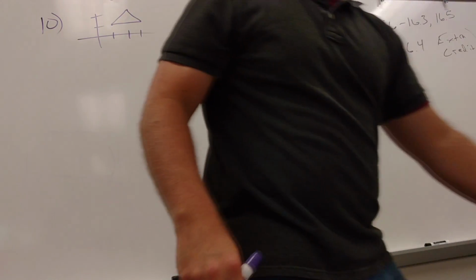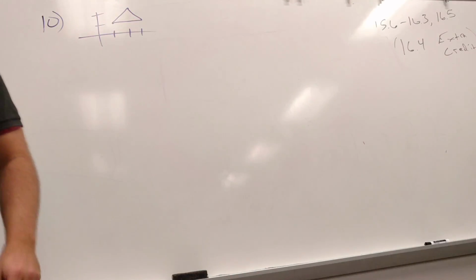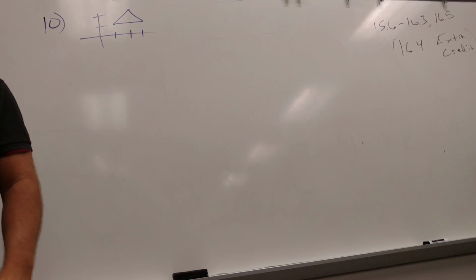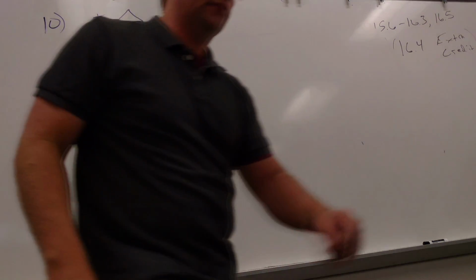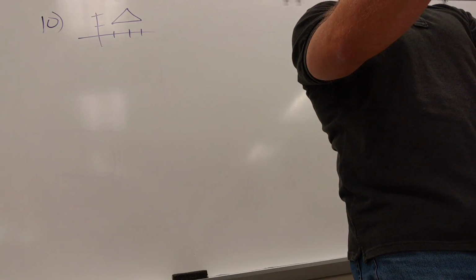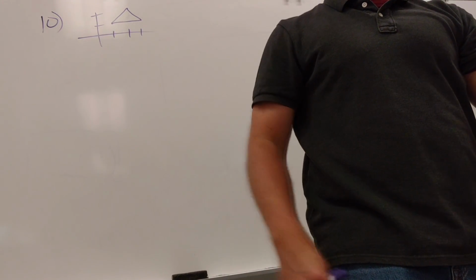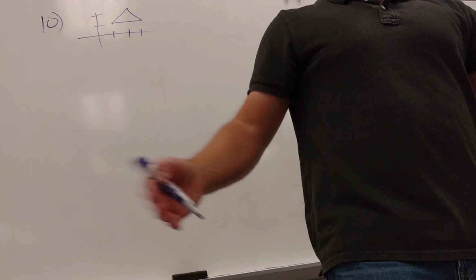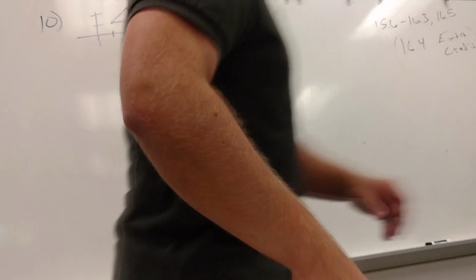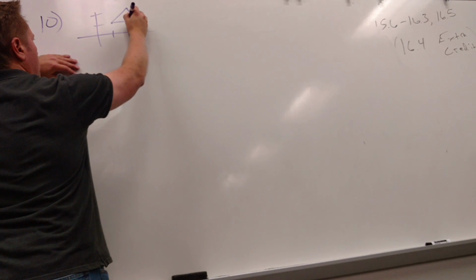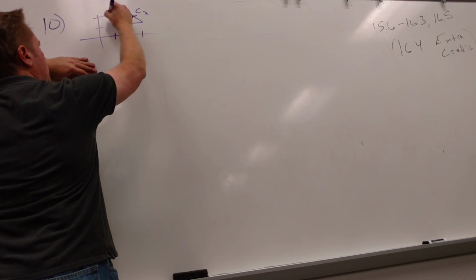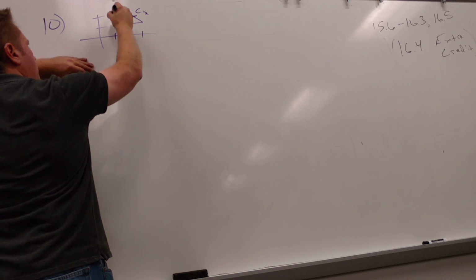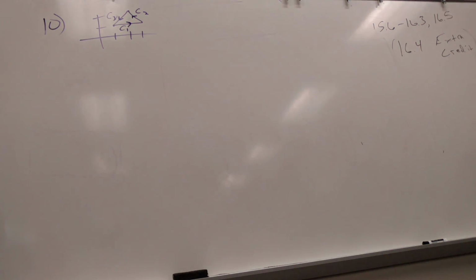The direction isn't specified, but we have to take into account that if you go clockwise it's negative, and counterclockwise is positive. On number 8, I said let's go counterclockwise, and it would be negative if it was clockwise, so it covered both directions. Here, let's assume we're going counterclockwise. Let's say this is C1, C2, C3. Is everybody cool with where this came from? That's the triangle that I specified.